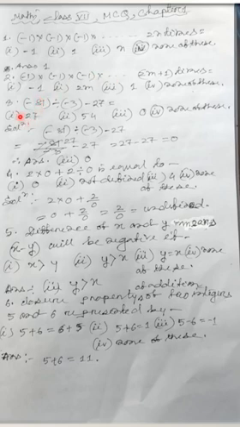Now evaluate: -81 divided by -3, -27, equal to what? You are given 4 options: 27, 54, 0, none of these.